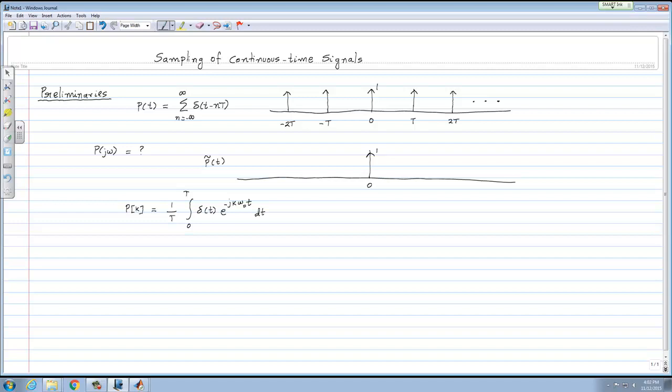Delta of t times e raised to negative j k omega naught t. And what's omega naught? 2 pi over T.